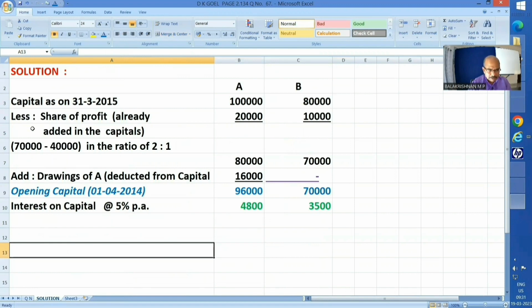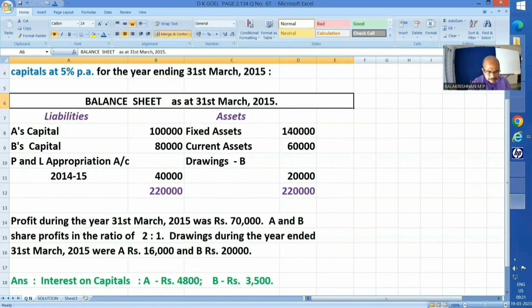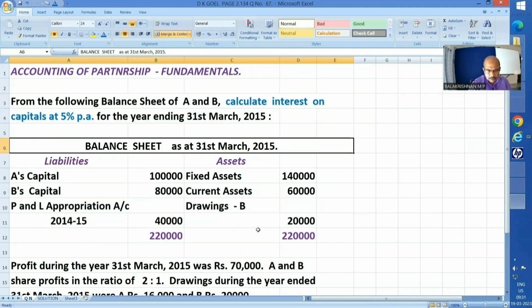And as far as share of profit, that is also a little funny. Listen. They say profit during the year was 70,000. In a normal case, we would have adjusted this in their profit sharing ratio.